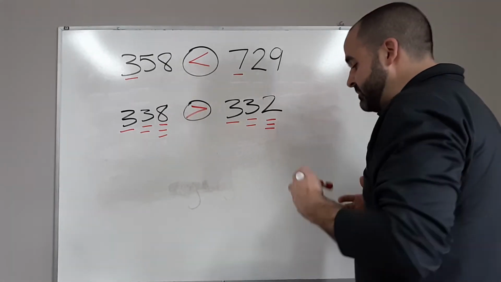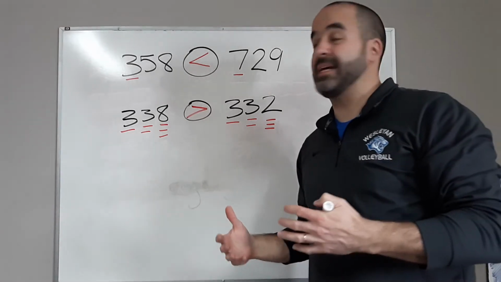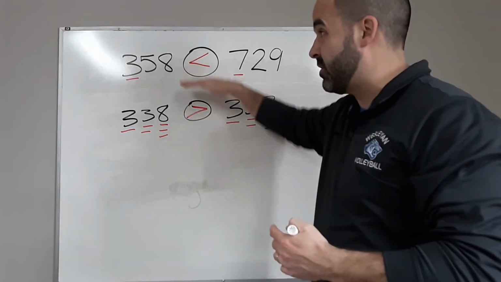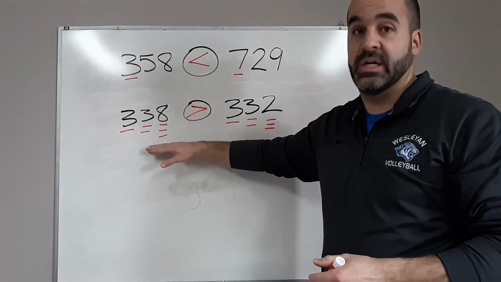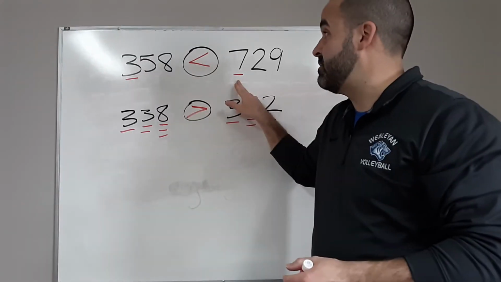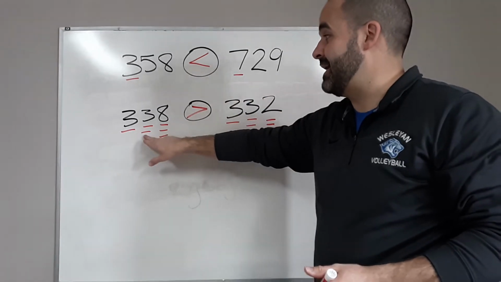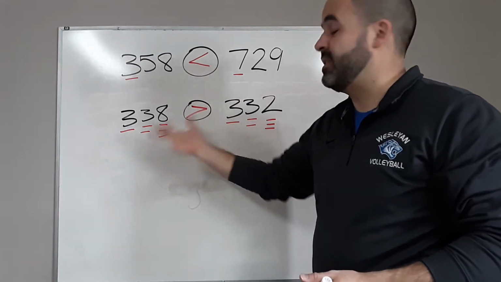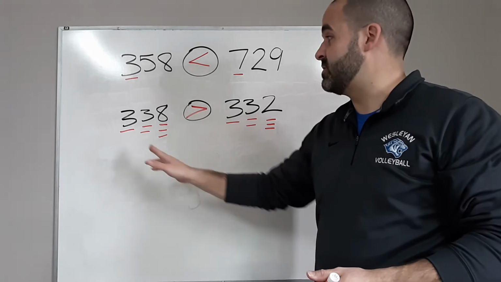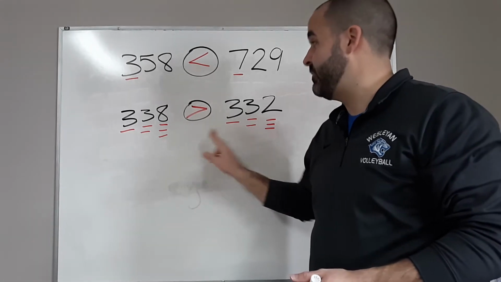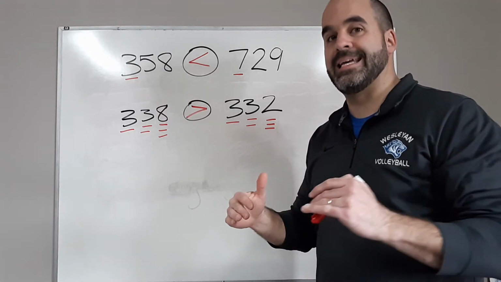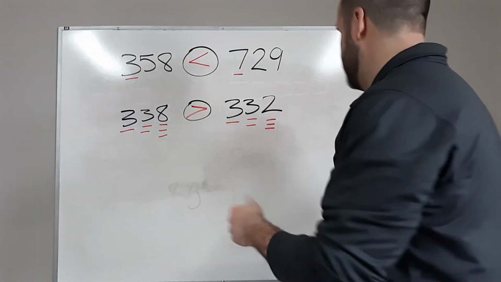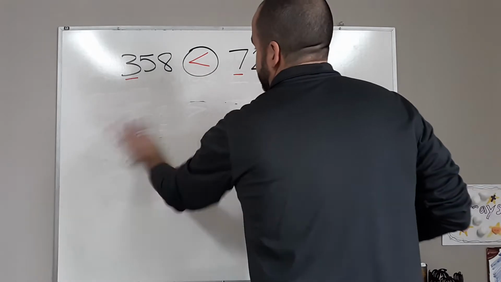Now, with 317 set up the way that it is, with your numbers this close together going down the page, this might be an easier way for you to do this. And again, if all you have to do is compare the hundreds, then you just draw the one line. If you get to the tens, and those two are different, then you just compare those. But whichever number is greater, hundreds or the tens or the ones, as soon as you find the one that's greater, stop. So let's practice doing this on page 317.